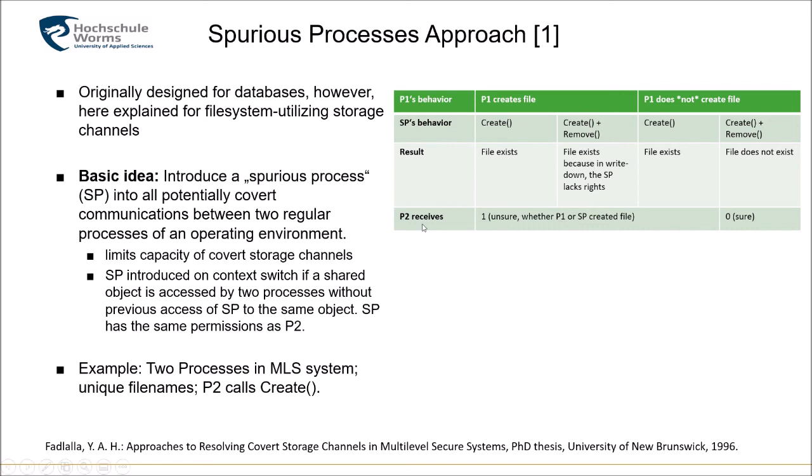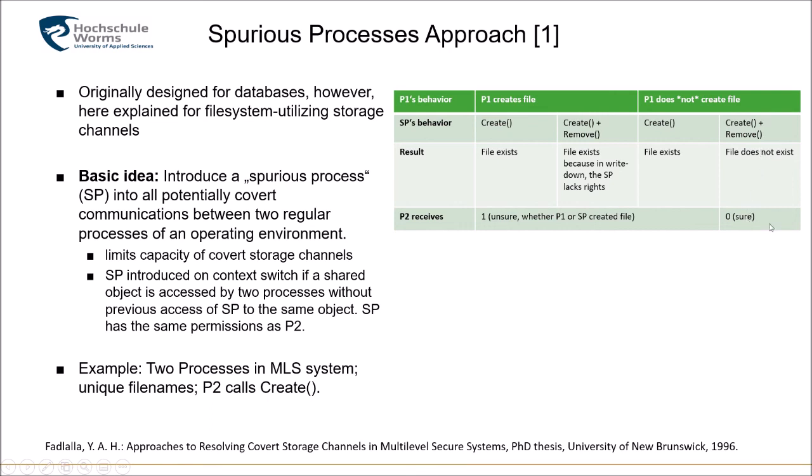And what would P2 receive? It would receive the 1 bit, but it would be unsure whether the spurious process created the file if the file was not created by P1, because in the end the file would exist. So P2 cannot be certain regarding the result. However, it can be certain in case P1 did not create the file and the spurious process created and removed the file, because in the end, in both cases, the file does not exist.